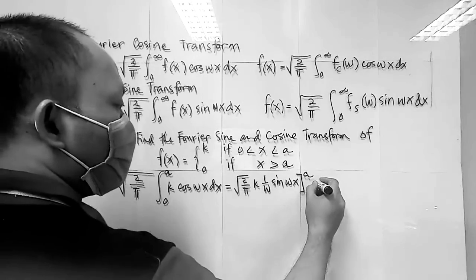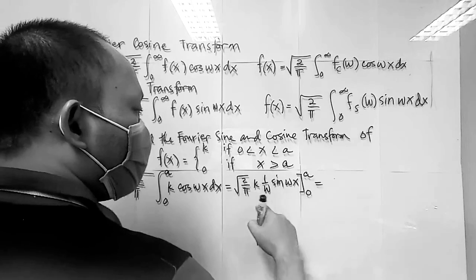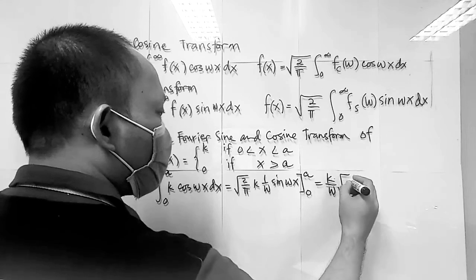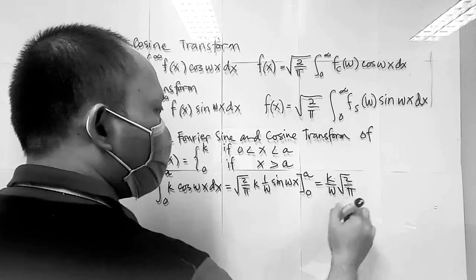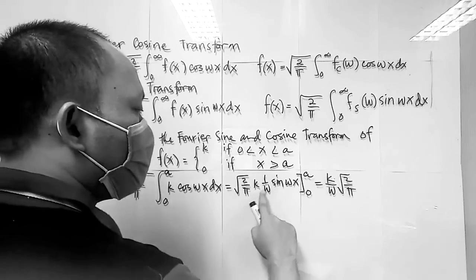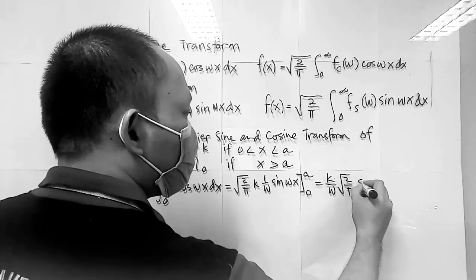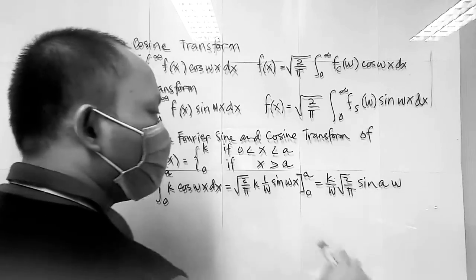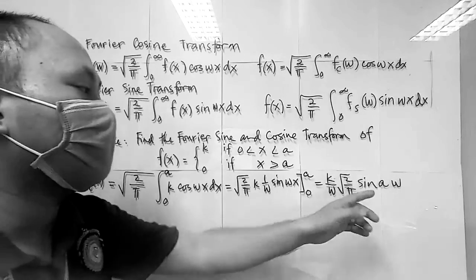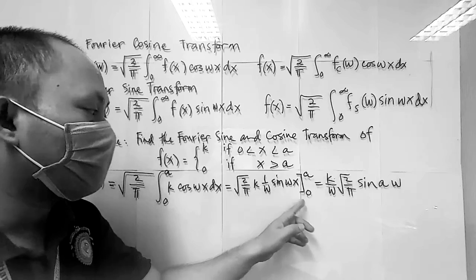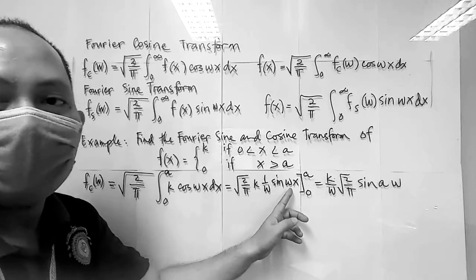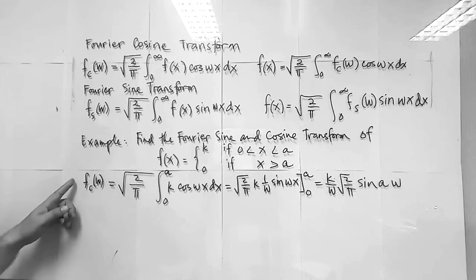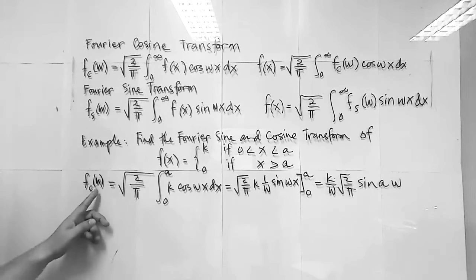So the equivalent is the square root of 2 over pi, k over w, and then we have sine of aw, substituting the value of x as a, that is the upper limit, and then the lower limit is sine of 0, which is 0. So this is our final answer for the Fourier cosine transform f of w.